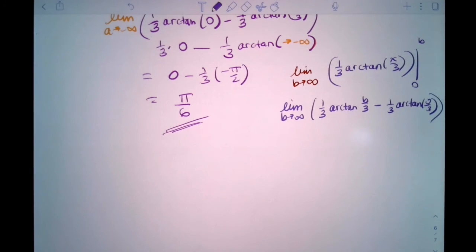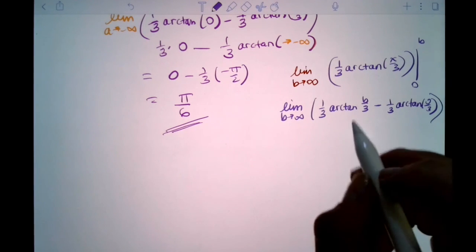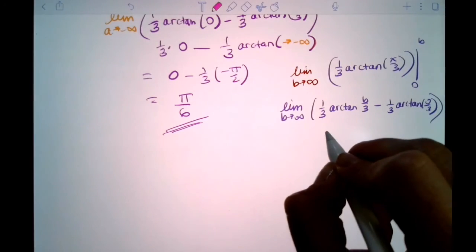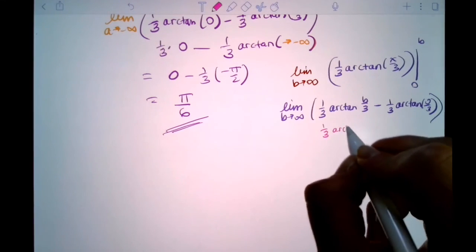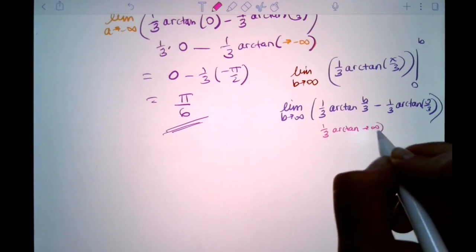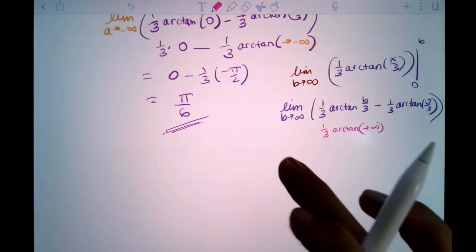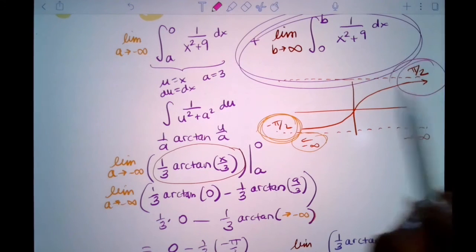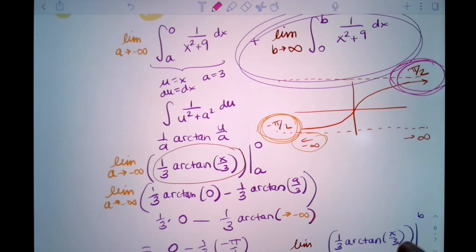Now again, b is going to infinity. So what I end up having here, let's just think about it in the back of our minds, what's going on. You have 1/3 times the arctan of something tending towards infinity. Think about your graph. If you look at the graph of arctan as x goes to infinity, it's pi over 2. That's your limiting value.